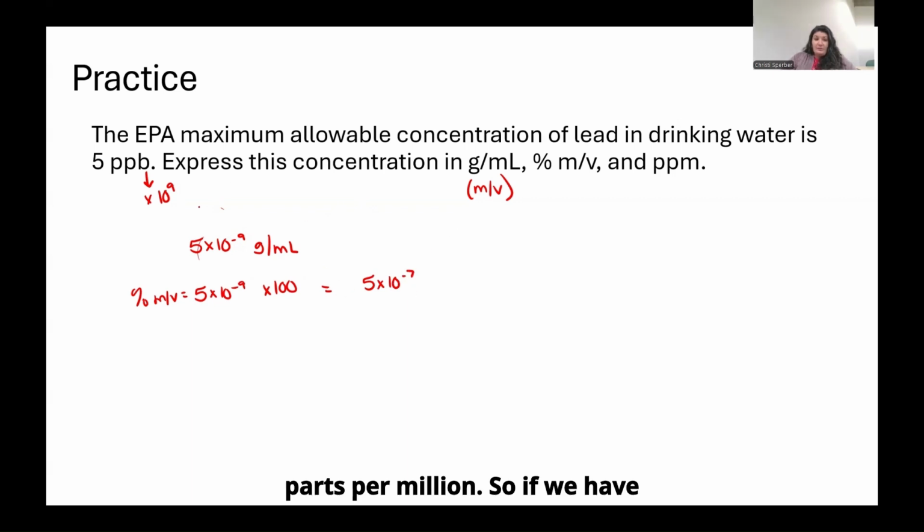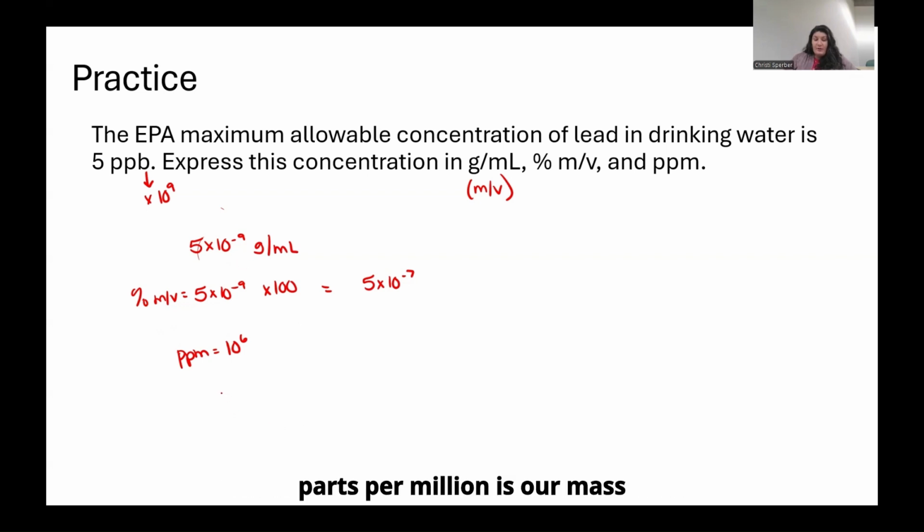Parts per million. If we have 5 parts per billion and we want it in parts per million, parts per million is 10 to the 6th power. So we know that this is our mass volume.